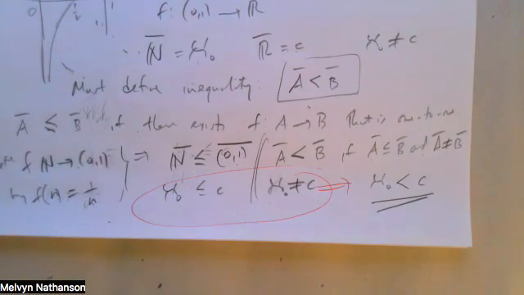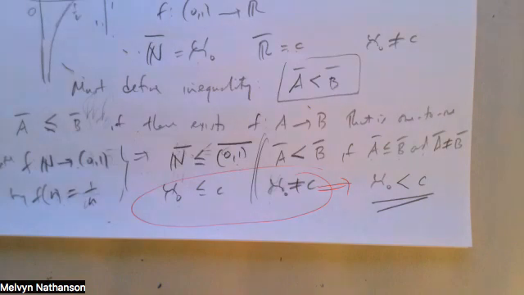So we have two infinite numbers, if you like. We have aleph naught, which is the number of positive integers, and C, which is the number of real numbers.